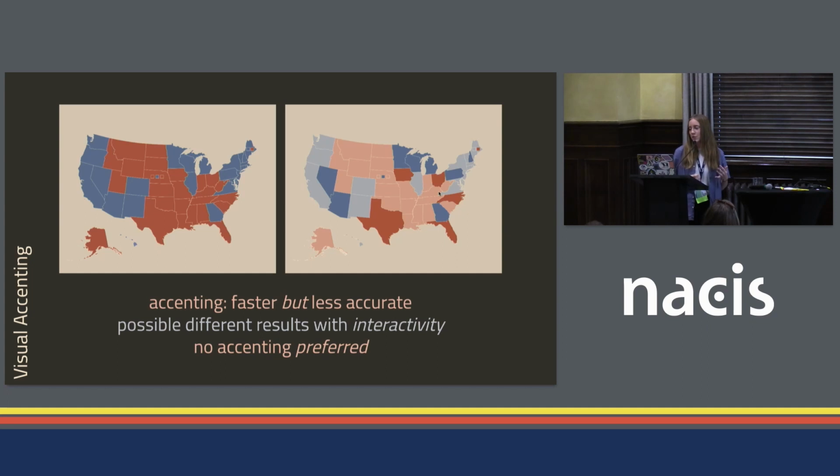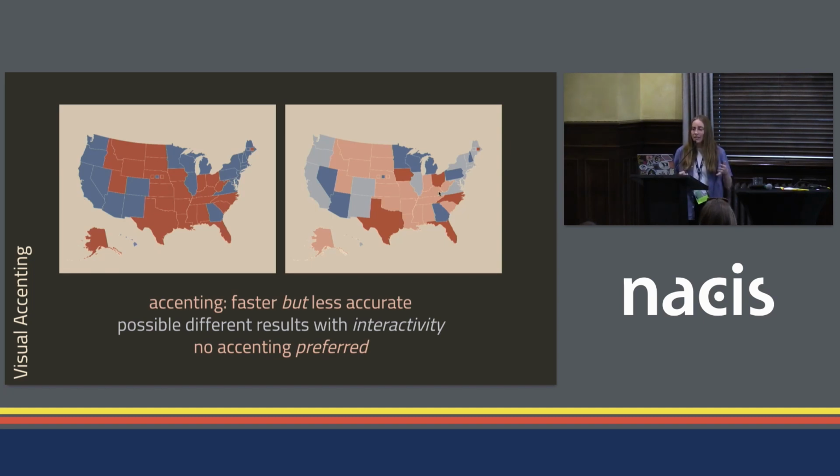I do think it's possible in this study that some people were confused about what the visual accenting meant, or possibly that the states that are fully opaque represented higher value than the partially transparent states. I had a few question types where users who received the accented map answered questions faster but less accurately than those who received the more traditional non-accented map.